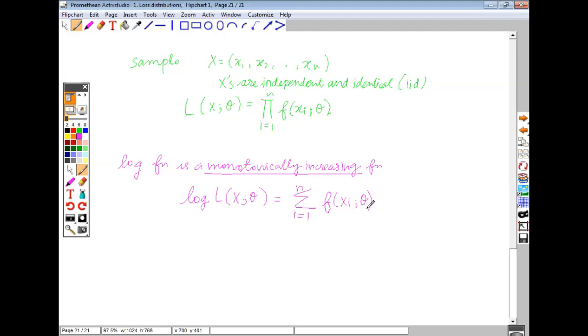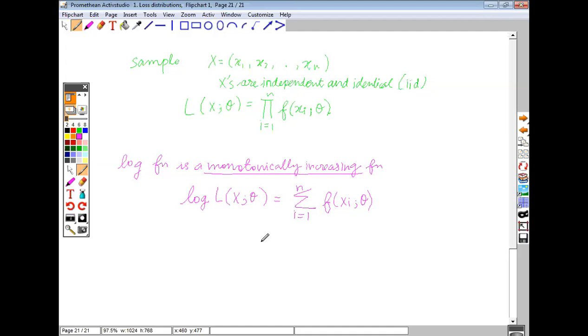I'm writing a sum here because I'm assuming that the distribution I'm looking at is a discrete distribution. Let me ask you this question. Will this sum change if I have a continuous distribution? If it's continuous, will it become integration?